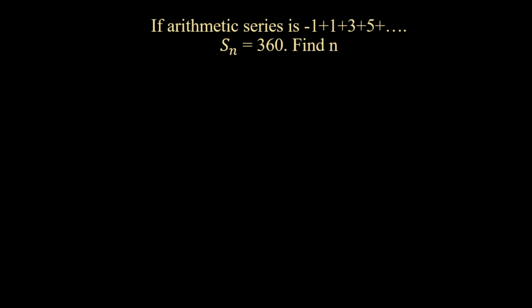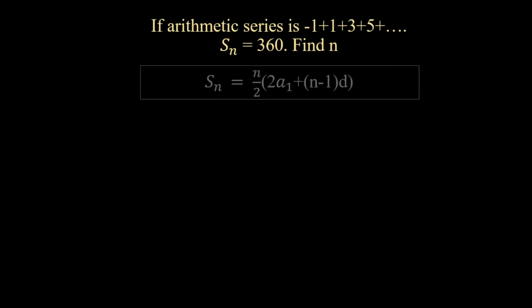Now let's try another problem. If the arithmetic series is -1 plus 1 plus 3 plus 5 and keep adding, and S of n equals 360, or the sum of the n terms equals 360, find n. This is the formula for the arithmetic series.